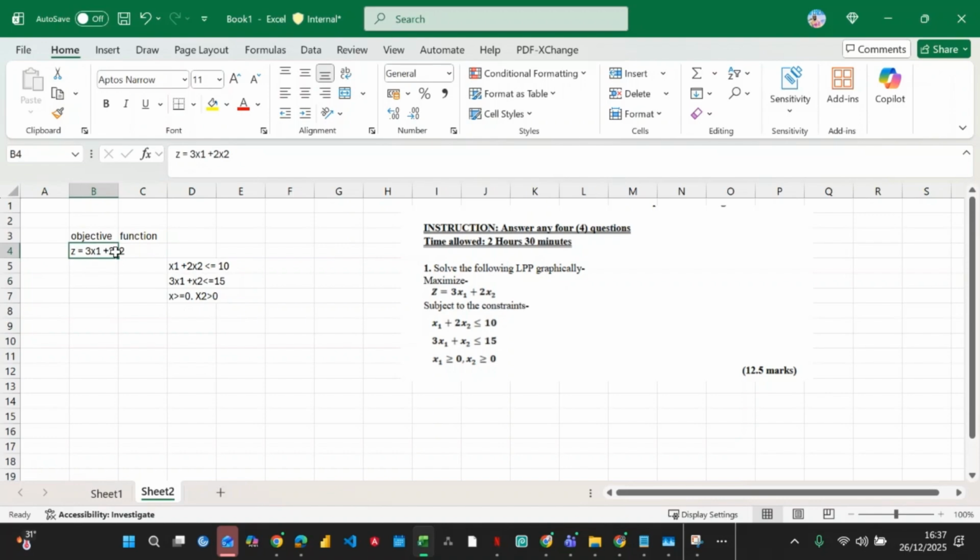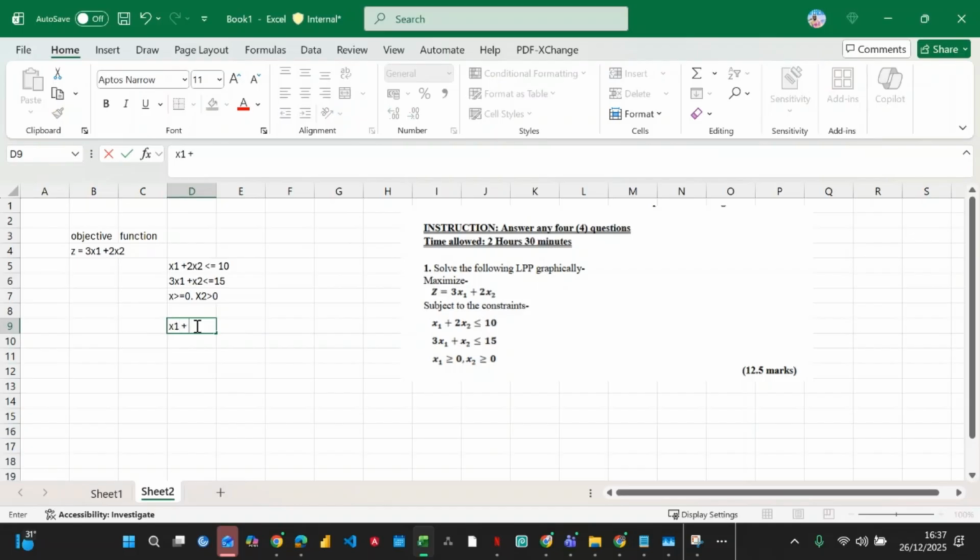Remember to know your objective function, which is this one. Now, remember this one is maximize, it's not minimize. The other one we saw was minimize.